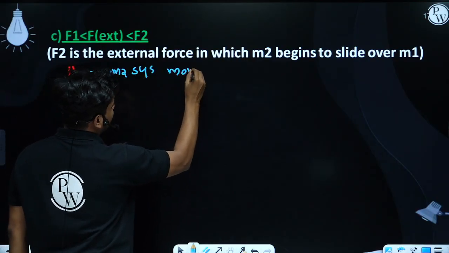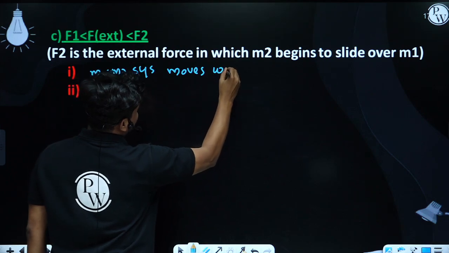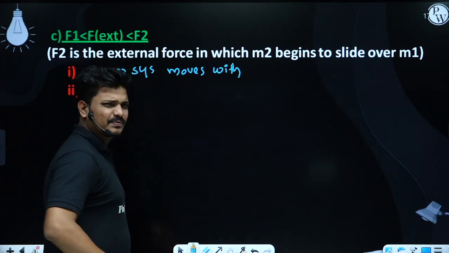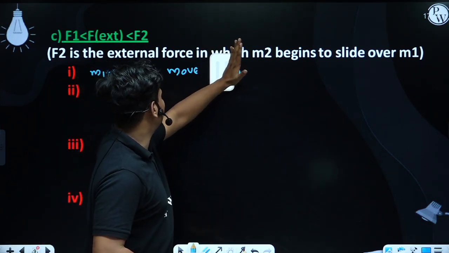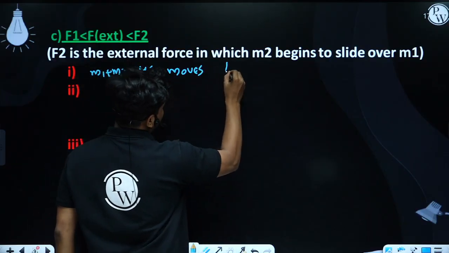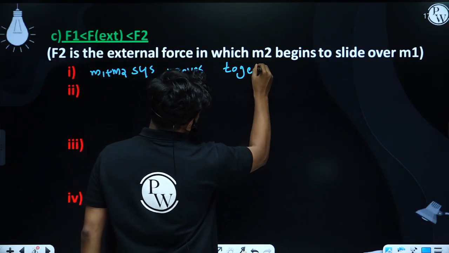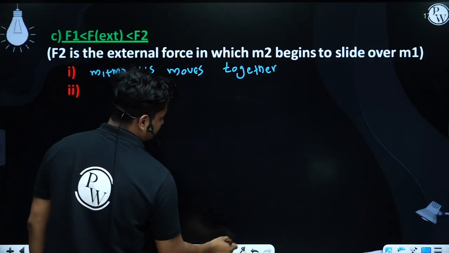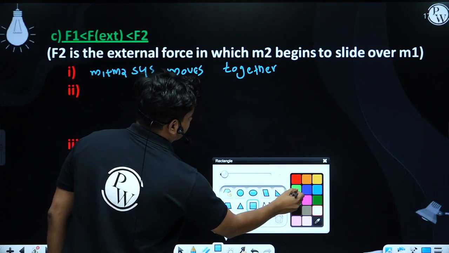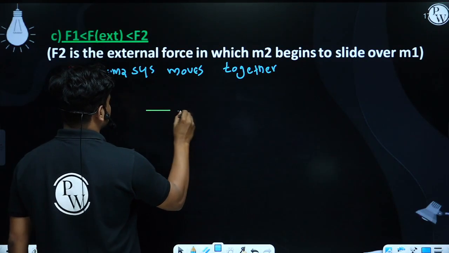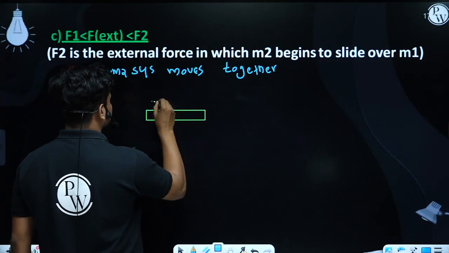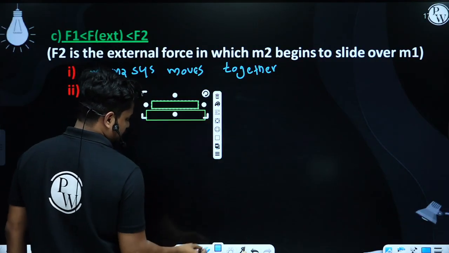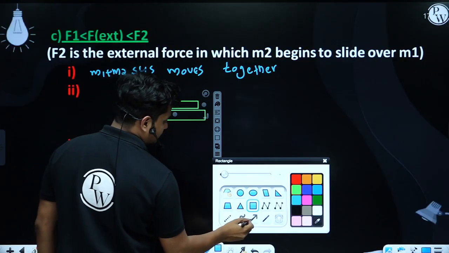moves with the common acceleration, or simply moves together. Then how can we draw our figure? Both are moving together.